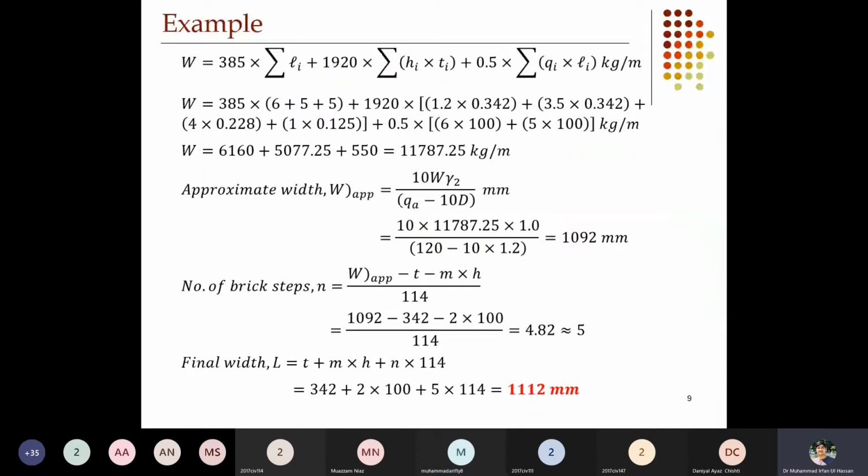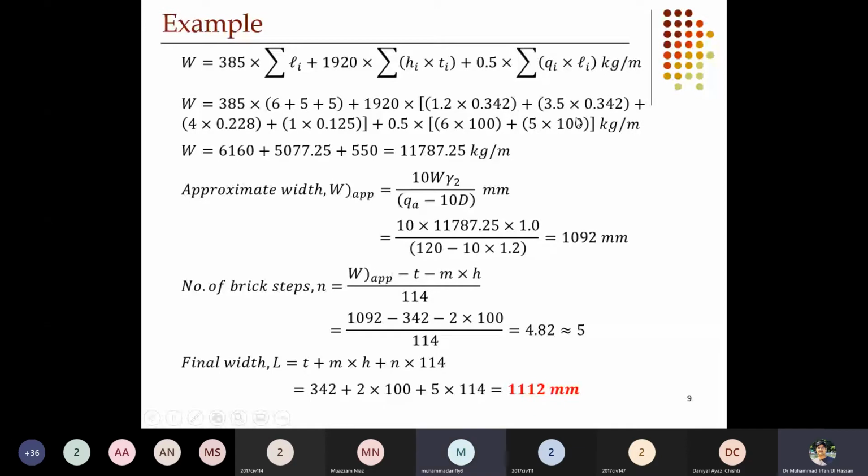Now you can compute this load, that is 385 into Li by this formula. So you will use the total span length here. Li is the clear span supported by the wall, and you can see here that this is Li, then 1920, height of the wall is 1.2 meter, thickness of the wall is 13.5 inch, so 0.3242 meter, and in this way you compute the values.